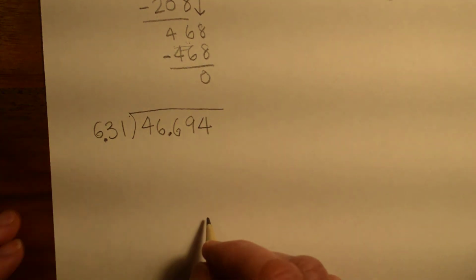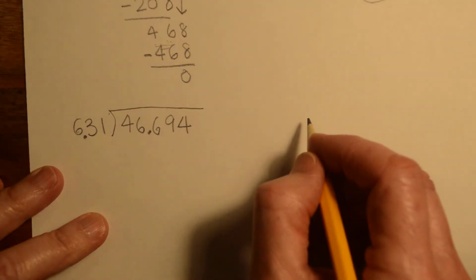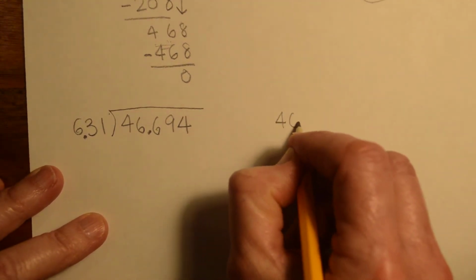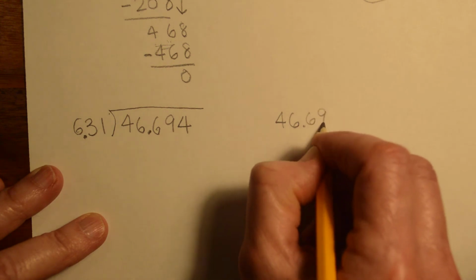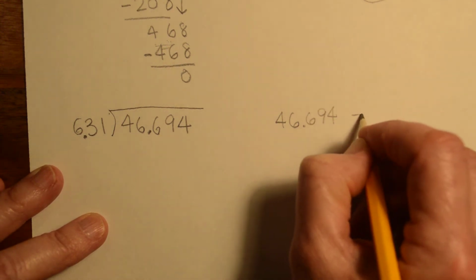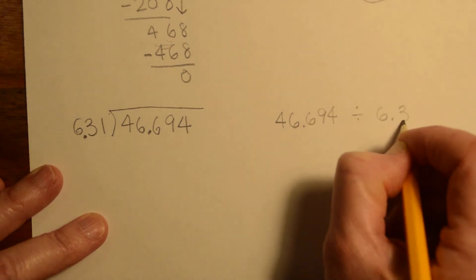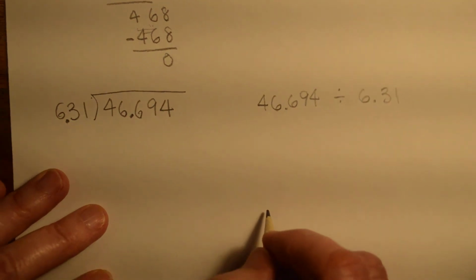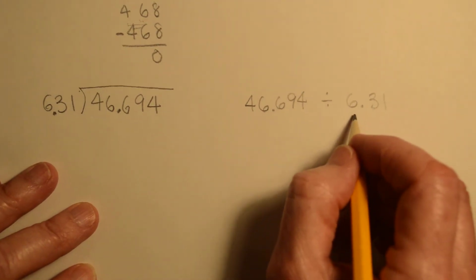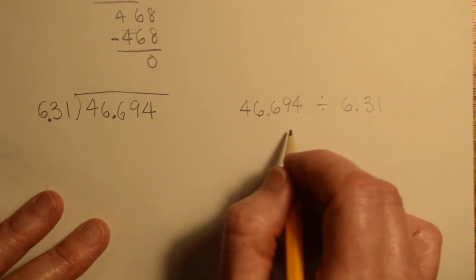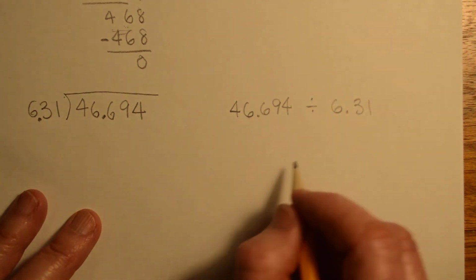All right, so again, I'm going to come up with an estimate here. So really what this is saying is 46.694 divided by 6.31. And with division, it's a little bit trickier than it was with multiplication or addition, because we want to choose numbers that are nice.